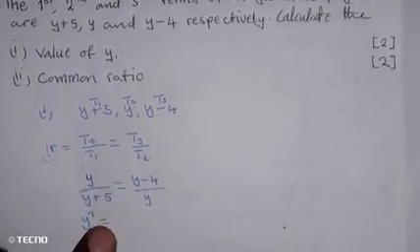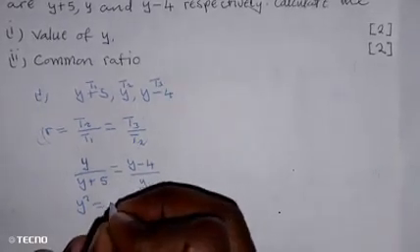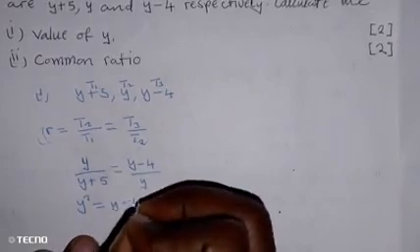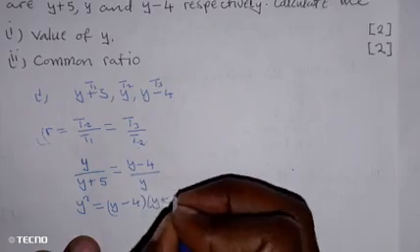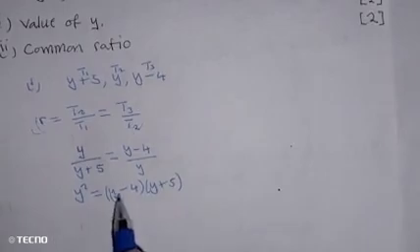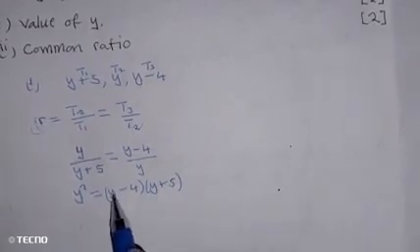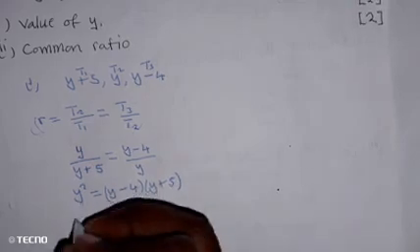is equal to y minus 4 by y plus 5. Okay, so this is what we have. Having something like this, which means we are multiplying this and this and that, so on and so forth.